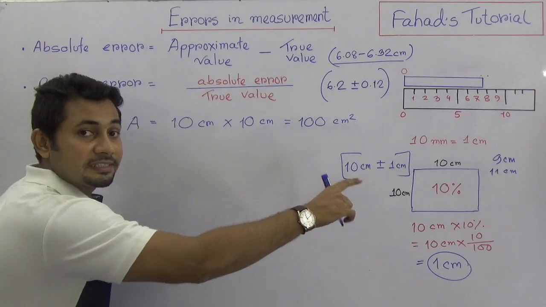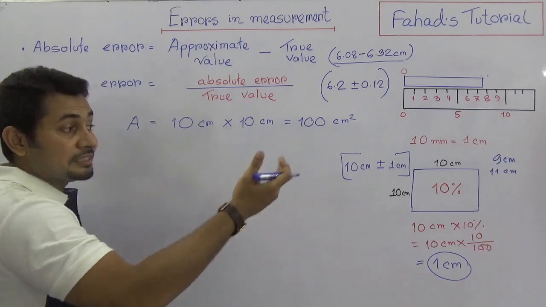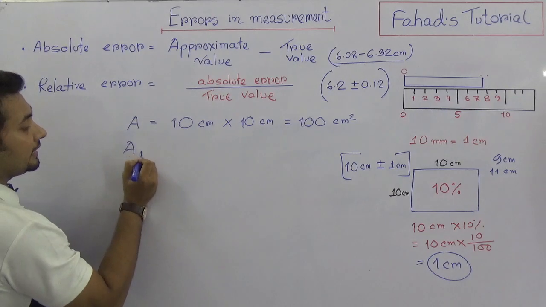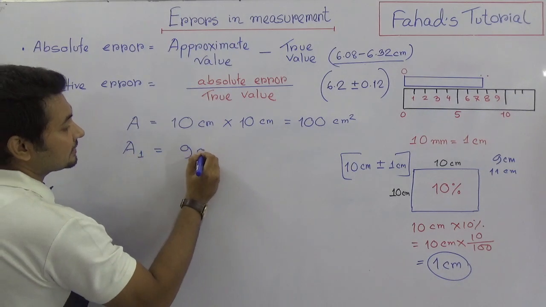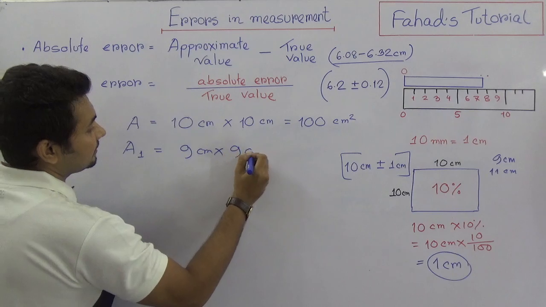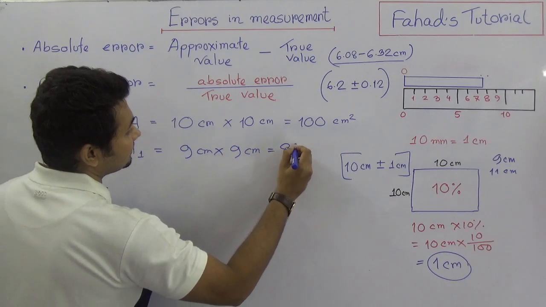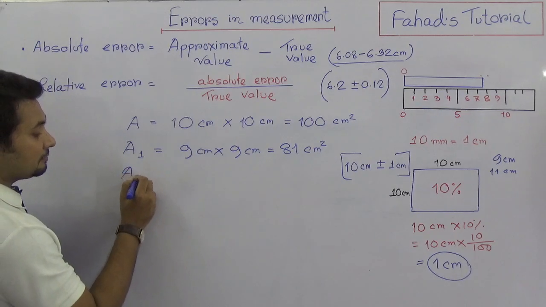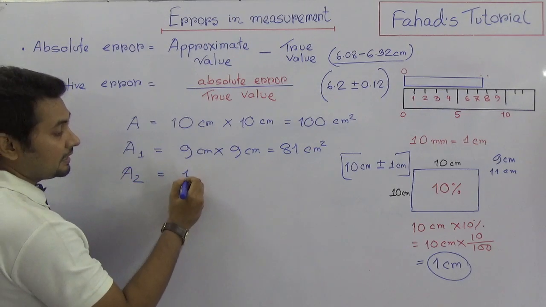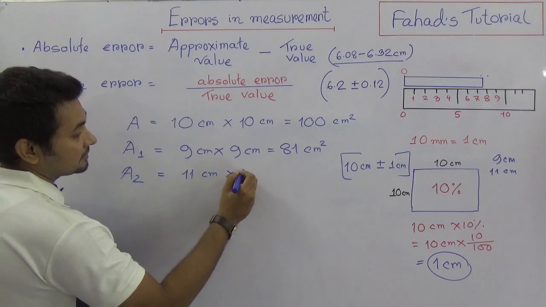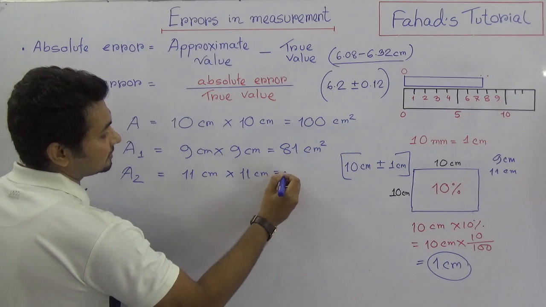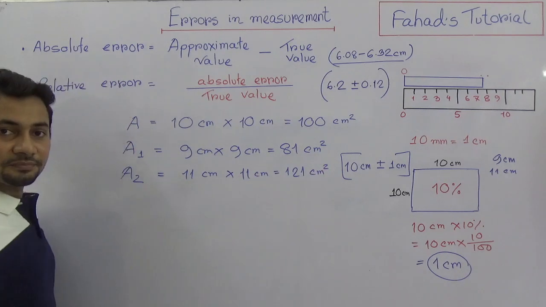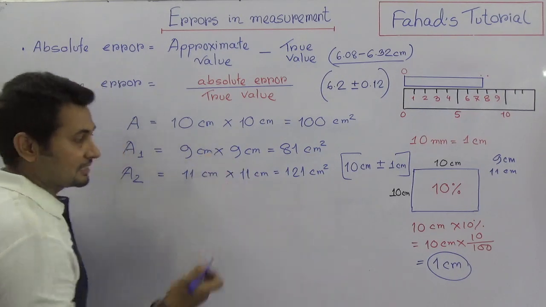But as it is given a 10% error, if we take the smallest one, 9 centimeter, the area would be 9 times 9, which is 81 centimeter square. And if we take the bigger one, 11 centimeter times 11 centimeter, it is 121 centimeter square. Now we find the deviation.